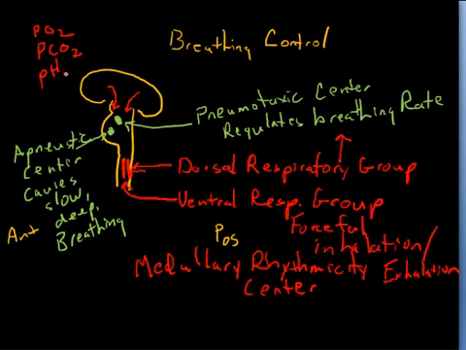And if we were monitoring acidity, we would monitor pH. Well, it turns out the respiratory centers in the brainstem tend to be more sensitive to CO2 and pH than they are to oxygen. So it's really carbon dioxide and pH that they're sensitive to, that they adjust breathing rate and rhythm to adjust these levels of CO2 and pH.